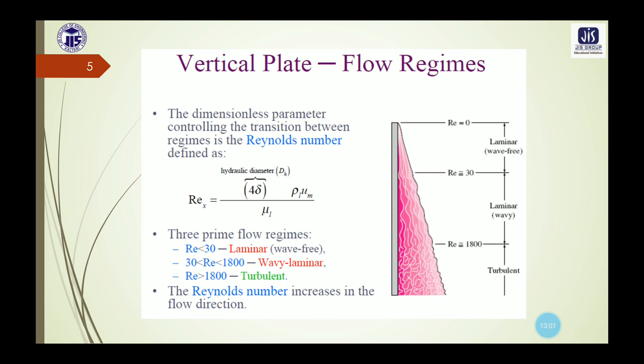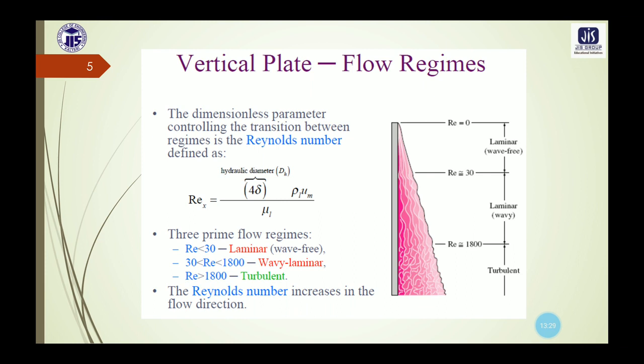It is defined here as the hydraulic diameter multiplied by rho u divided by mu. From the concept of Reynolds number, we have seen that it is the ratio of inertia force to viscous force, and the formula is rho u d by mu.